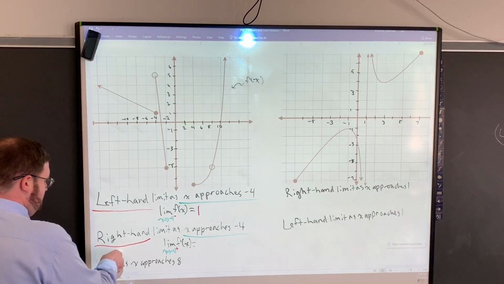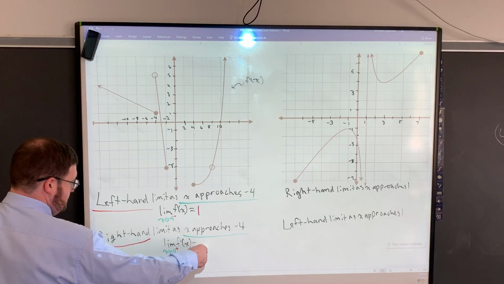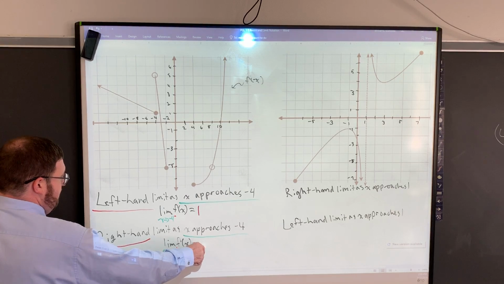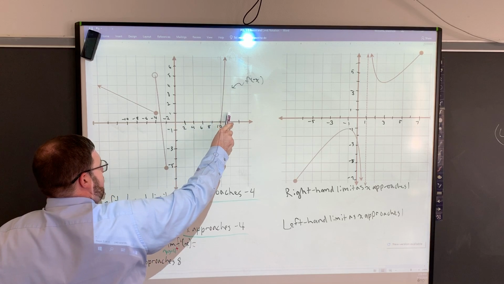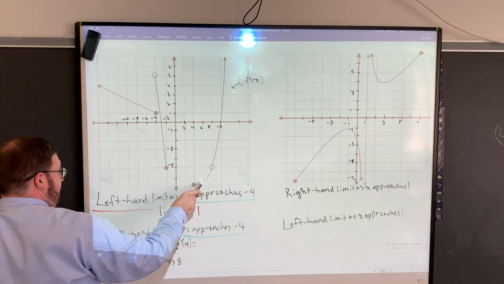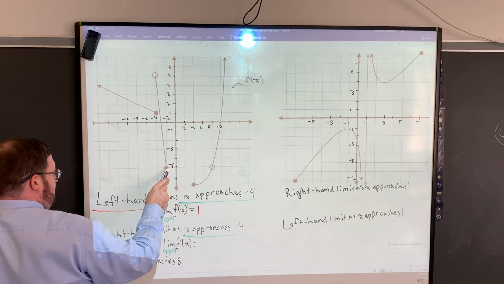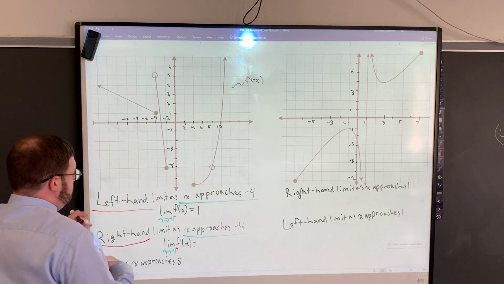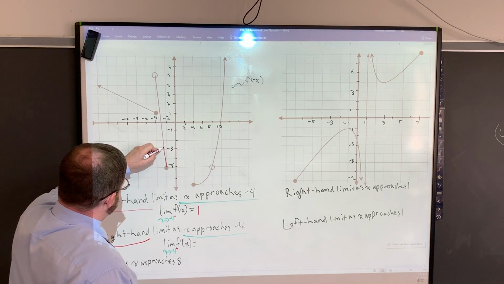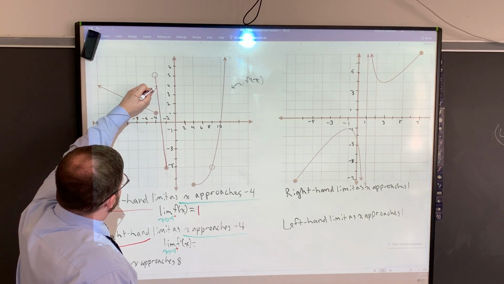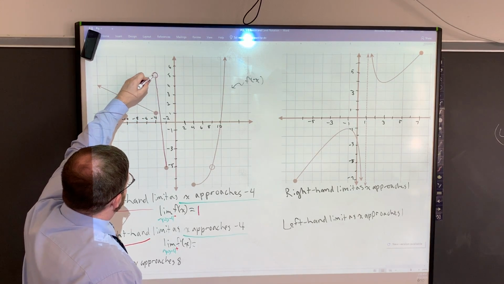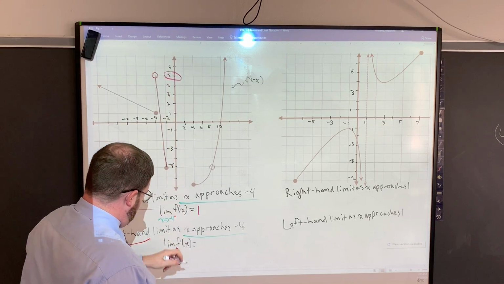So right hand is start on the right hand side, approaches -4 is go toward an x value of -4. I'm going to start on the far right of the function. I'm going to go toward an x value of -4. Right here, it skips over here, that's fine. And as I trace this, the closer I get toward an x value of -4, the closer that y value gets to here, that is 5.